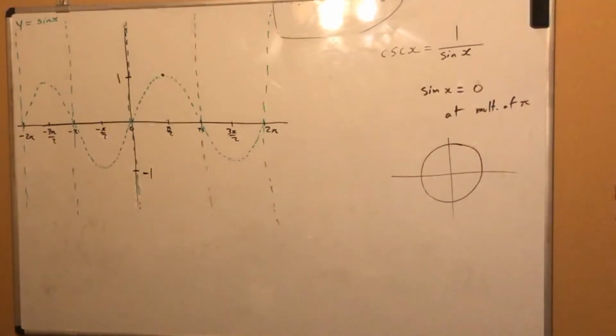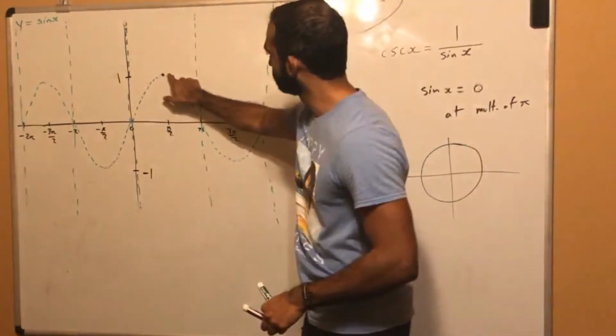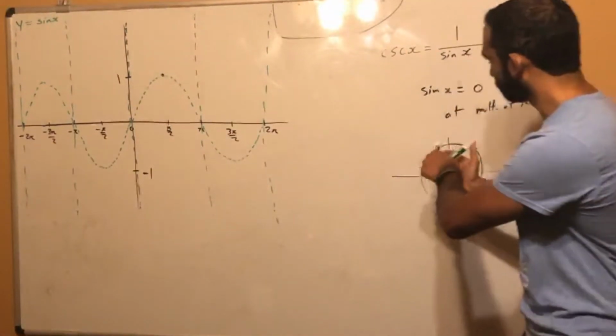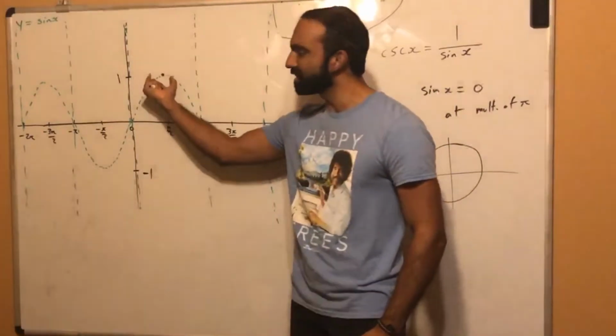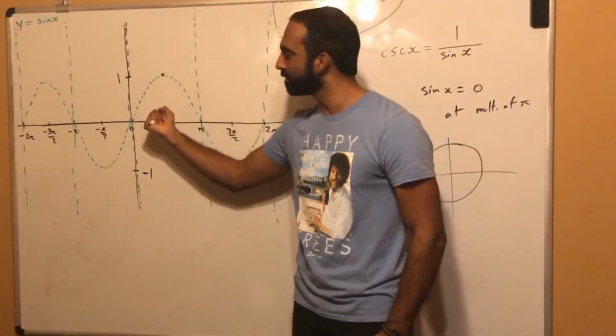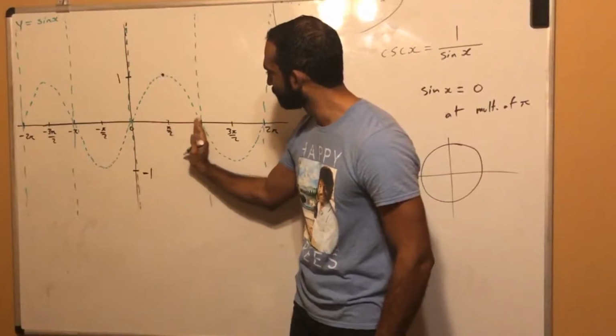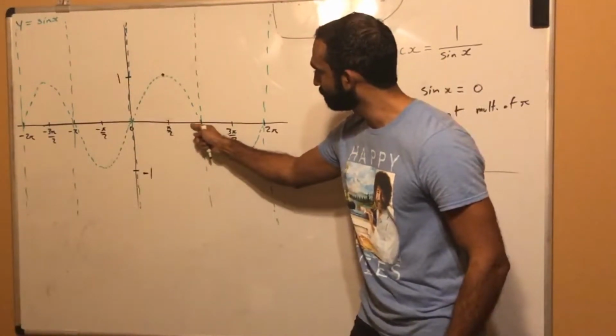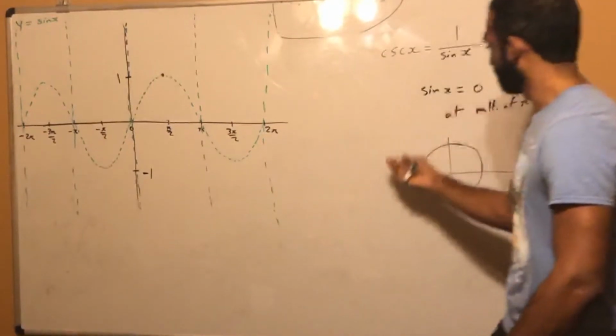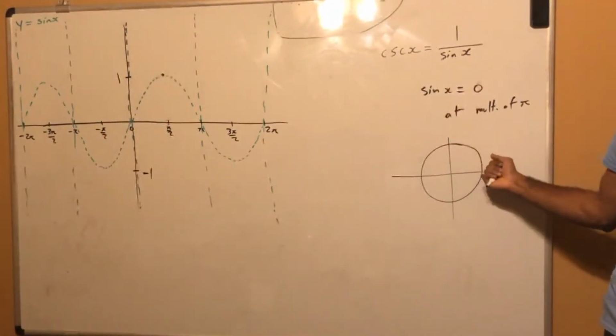Now I want to analyze the interior behavior of this region, just as I did for tangent and cotangent. What is it doing from pi over 2 to pi? Moving from the left on the number line is a counterclockwise rotation on the unit circle.